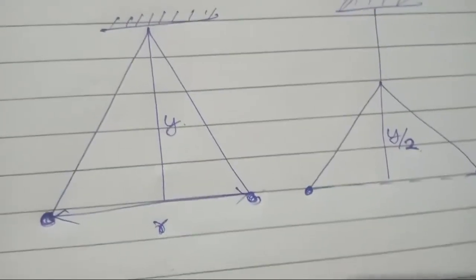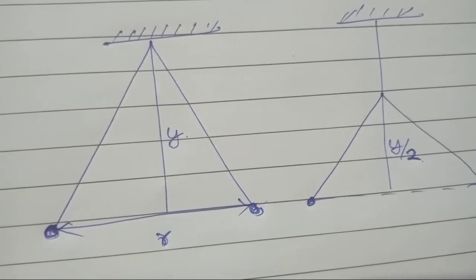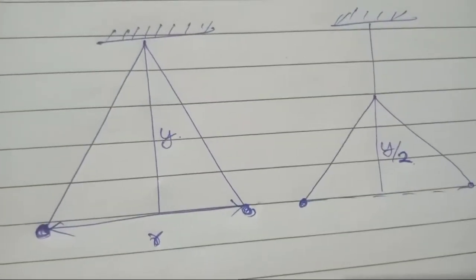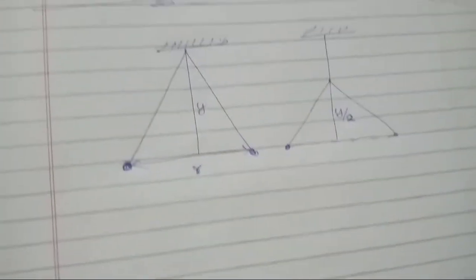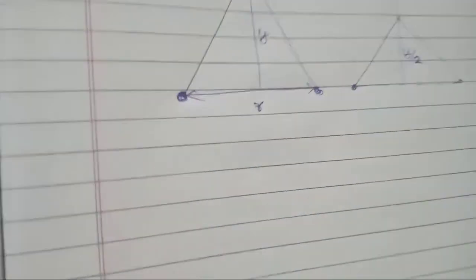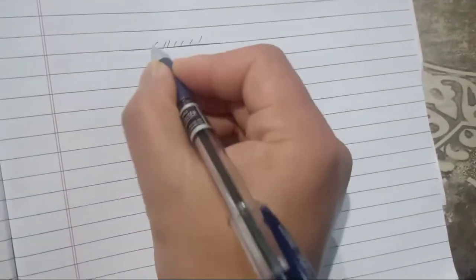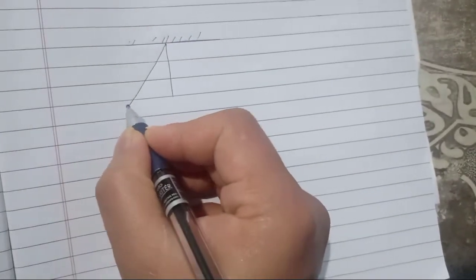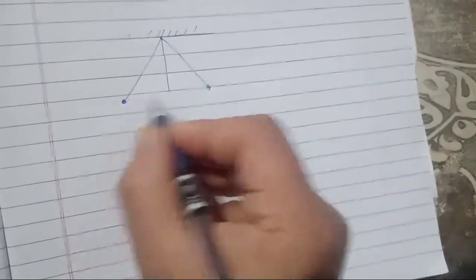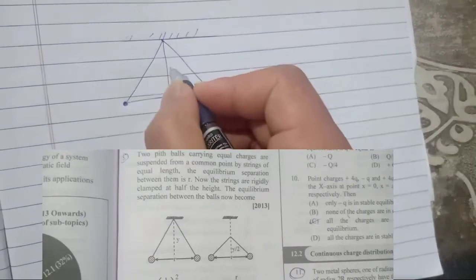For this question we just need to find the relation between y and r, then automatically we are going to solve this out. Let's redraw the diagram. This distance is r, this one is y.